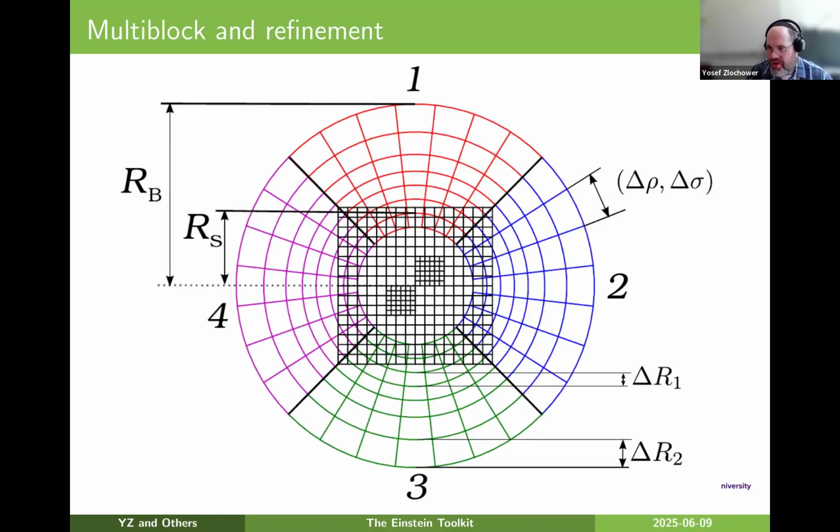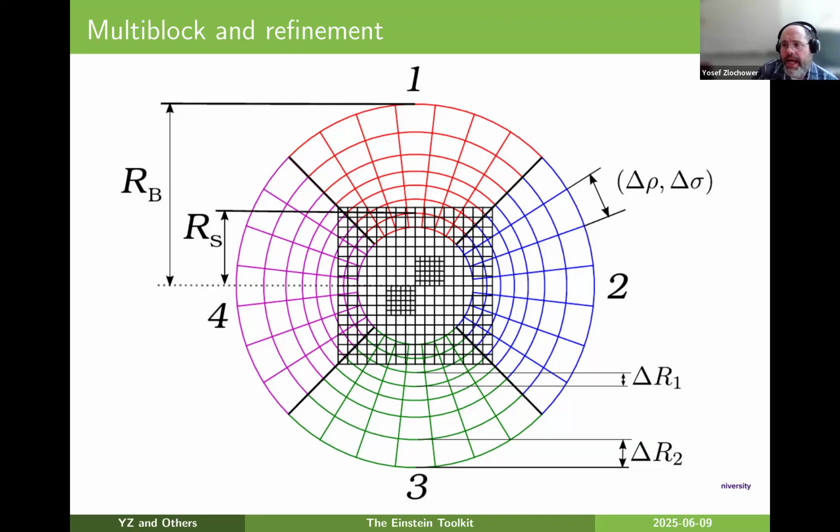Okay, but you can go beyond that. It turns out that the most effective grid that you can set up for a binary black hole simulation is not a Cartesian grid everywhere. Cartesian grids are really good for resolving things like the dynamics near a black hole. Here is a sketch of what a grid might look like. We imagine we have two black holes roughly at the centers of these two refined blocks.